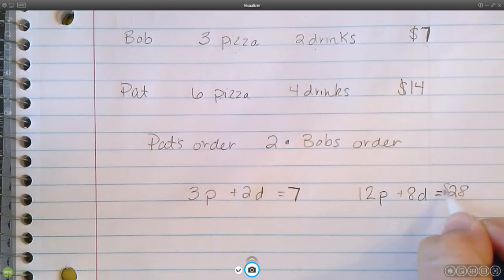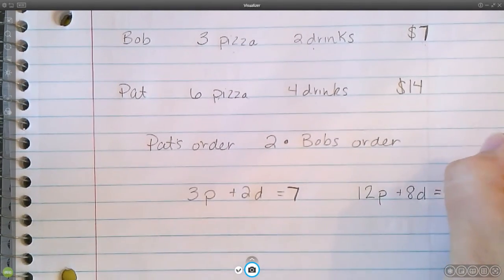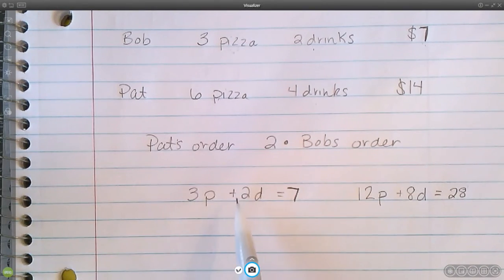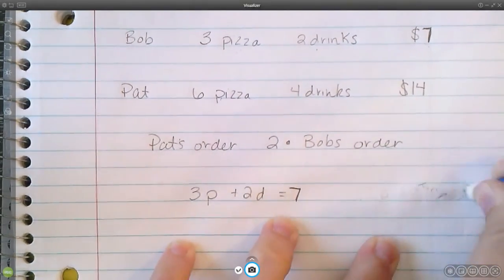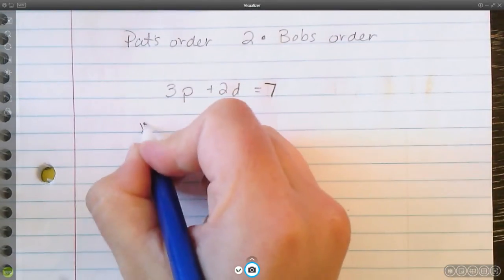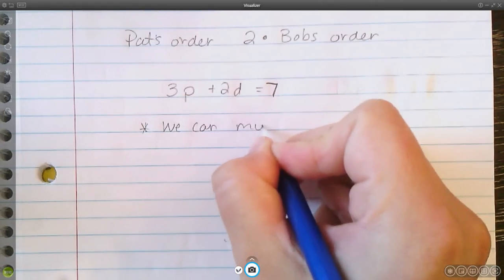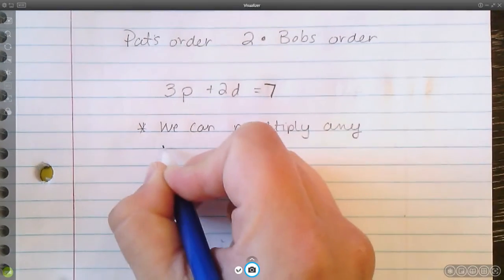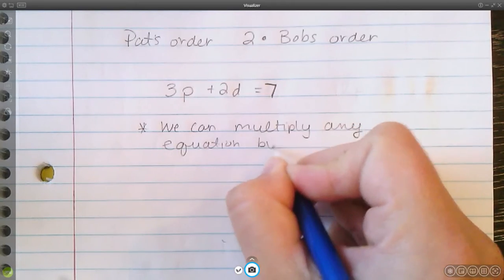It should be $28. How did we get that? Well, we took 4 times this equation. So, let me erase that. In general, we can multiply any equation by any number.